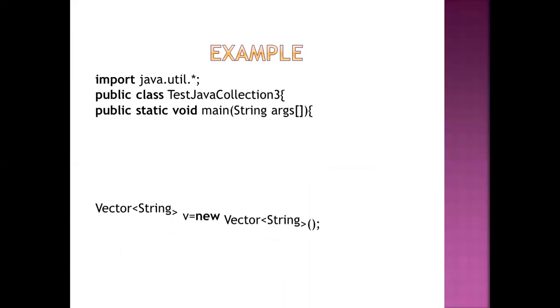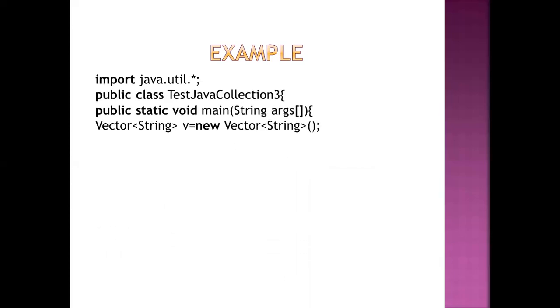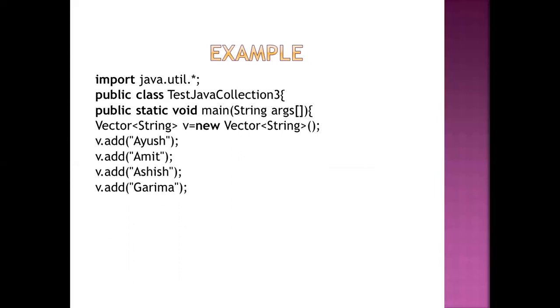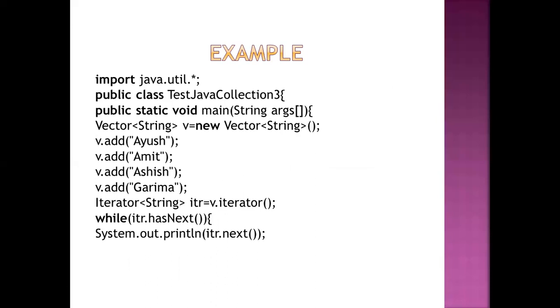Now, if you look at an example for the vector class, I'm creating an object of type vector, and then using the add method, I add values. Using the iterator, I create an iterator object, and using the hasNext method and the next method, I will traverse through the vector and print the elements in the vector. So this is the example for vector.